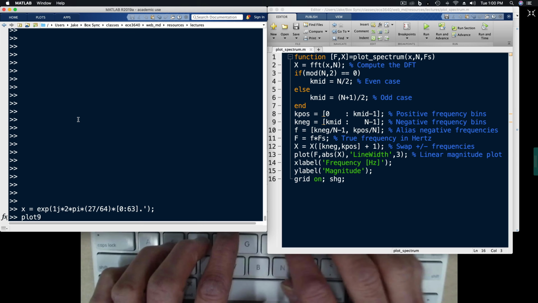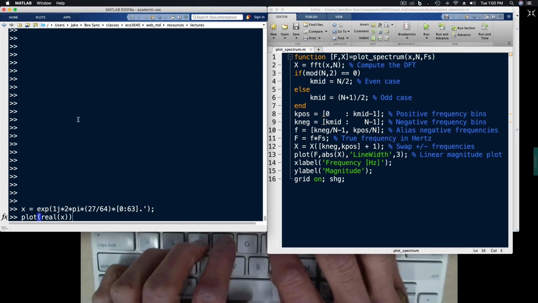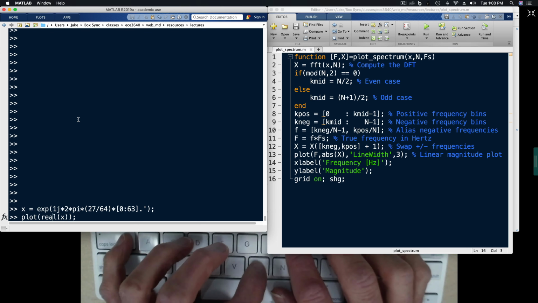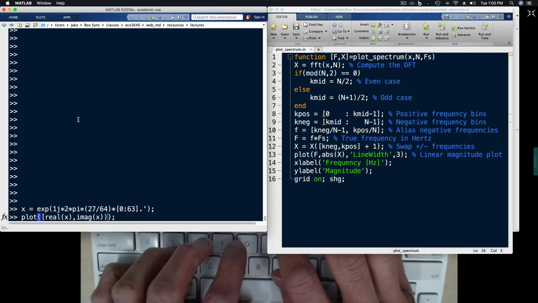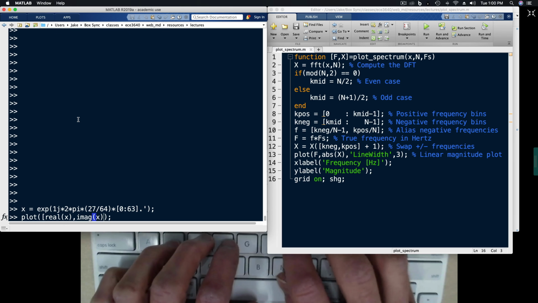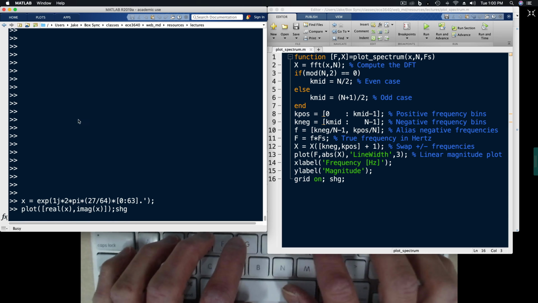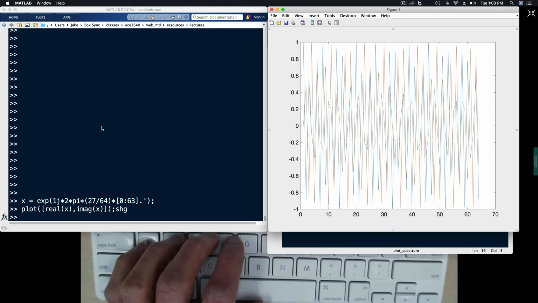We'll say plot real x, and let's also plot the imaginary part. All right, there it is. This is a complex exponential. You're now looking at the real and imaginary parts of it. It's got a frequency of 27/64. That's what it looks like.